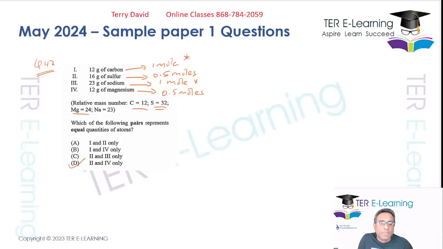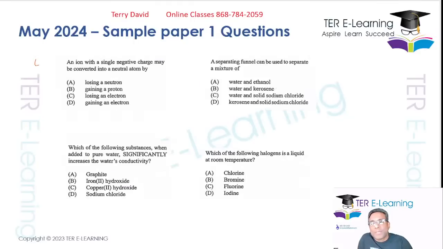Right? So that's 42. This one here is 43. Right? Question 43. An ion with a single negative charge may be converted to a neutral atom by doing what?